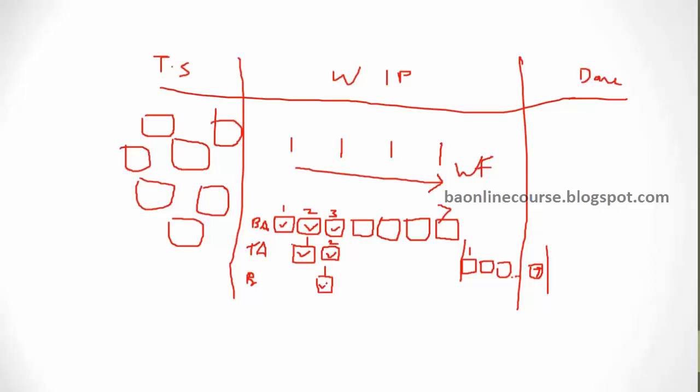And then, let's say, the tester. While the business analyst is working on requirement 4, the architect would work on requirement 3, the programmer would work on requirement 2, and the tester would work on requirement 1.